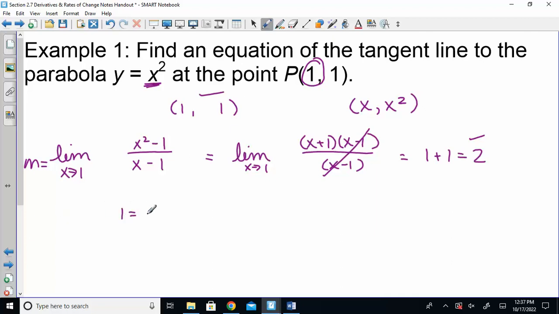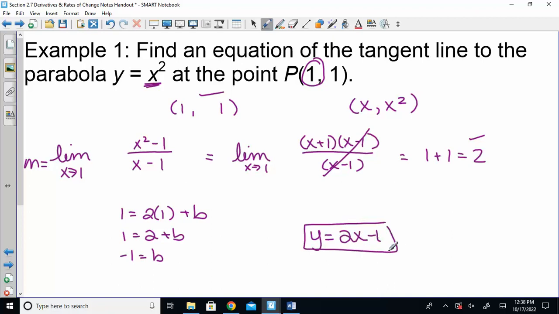So 1 equals m times the x, which was 1, plus b. So my y-intercept is negative 1, and the equation is y equals 2x minus 1. So we got the actual equation of the tangent line at that particular point.